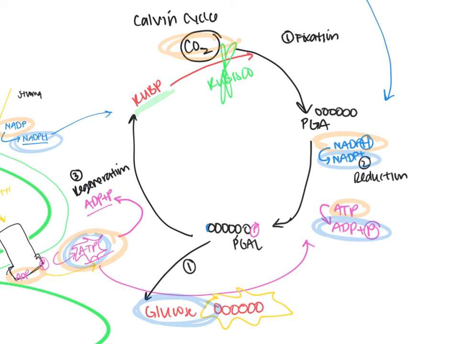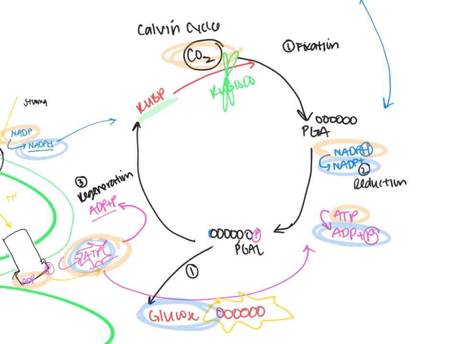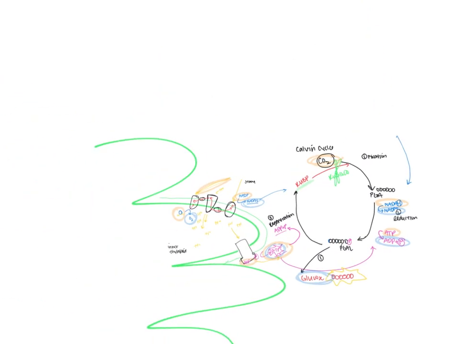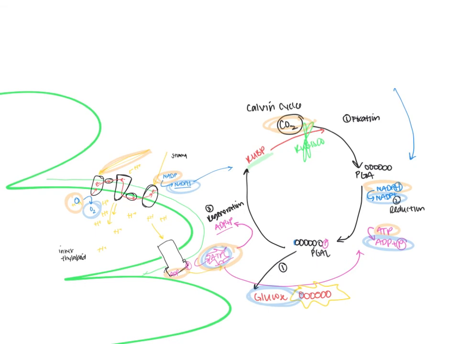Okay. So looking at these products and reactants, what you can do now is zoom out on the whole shebang. I actually did forget to label this. My bad. Let me label this as the light dependent reactions.